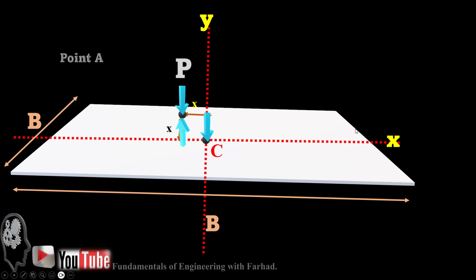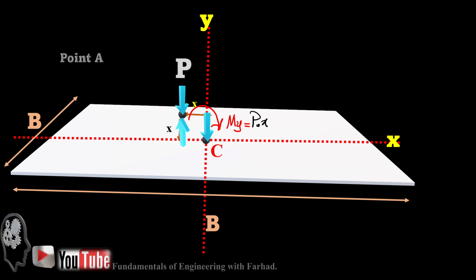So for example, by transferring the force to C, and applying the opposite force at the location of the force, these two forces cancel out each other and we have the force at the location of C. But there is a moment which develops about the axis y, so that's M_y, and that's nothing but the force times the distance, which is x.